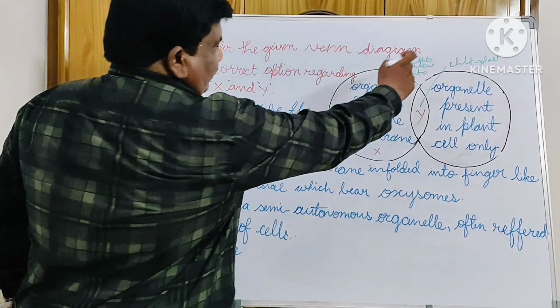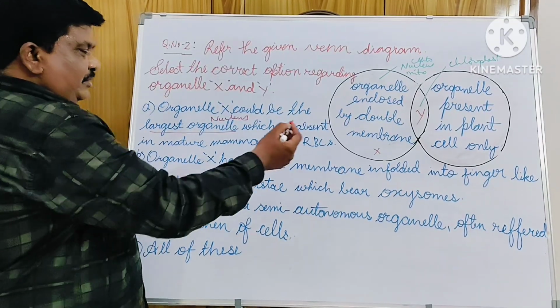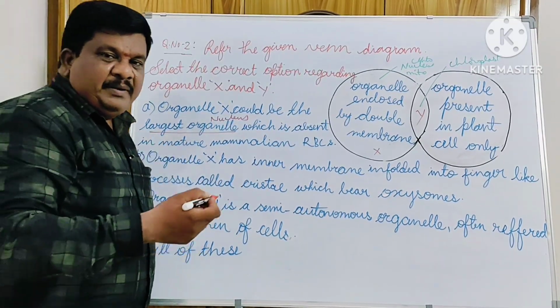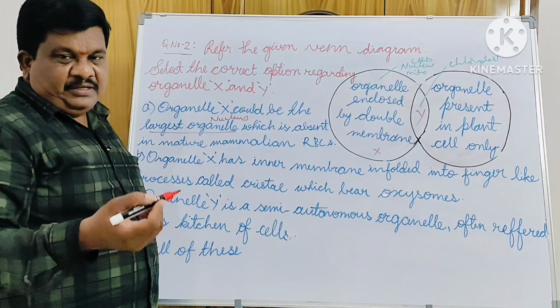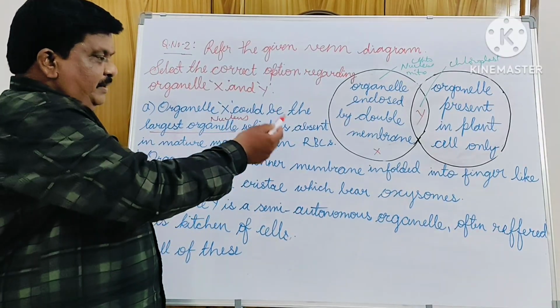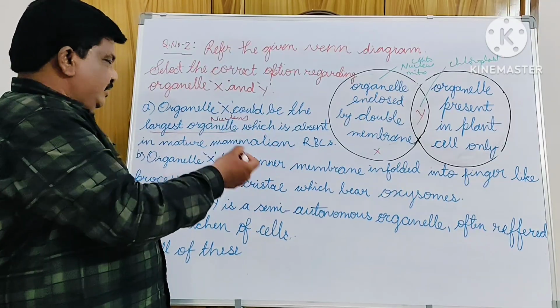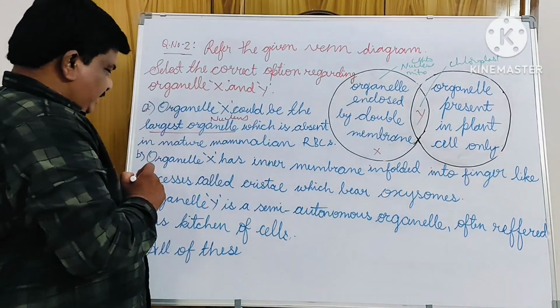So X could be the nucleus. It is absent in mature mammalian RBCs. In mature mammalian RBCs, the nucleus is absent. So option A is correct here.